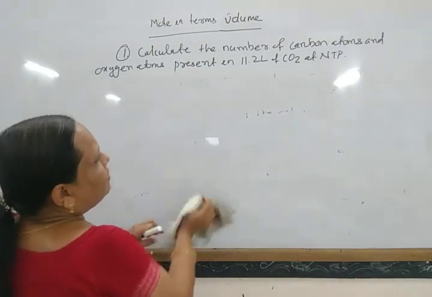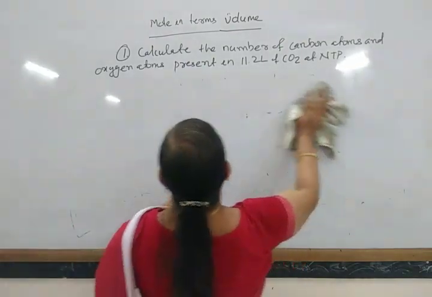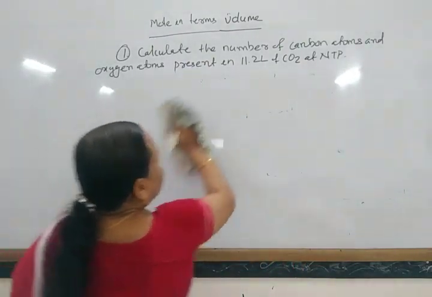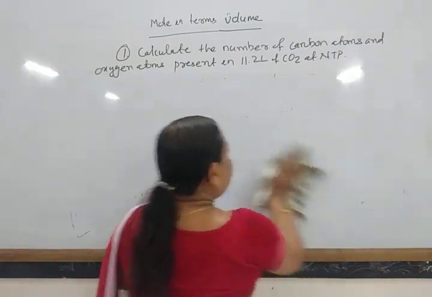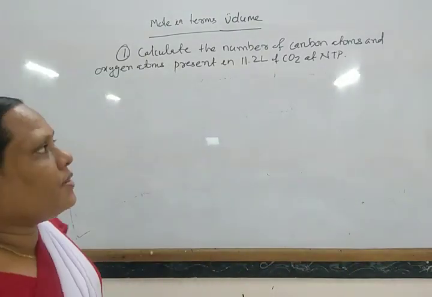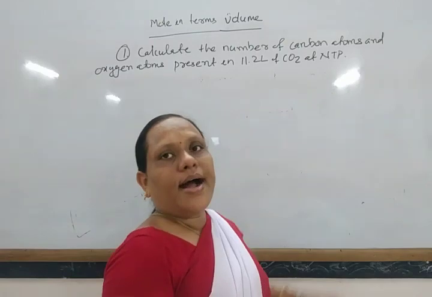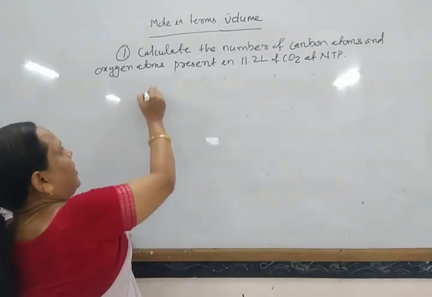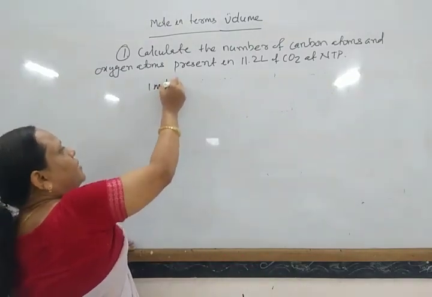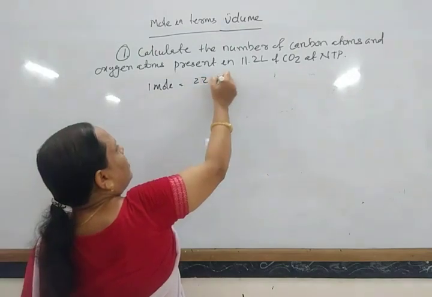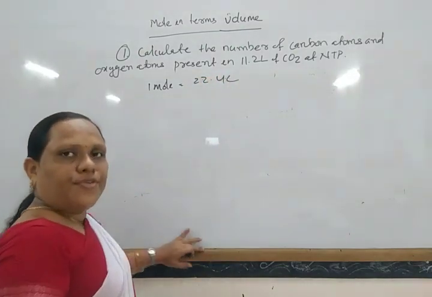Calculate the number of carbon atoms and oxygen atoms present in 11.2 liter of carbon dioxide at NTP. Again, 1 mole equals 22.4 liter.